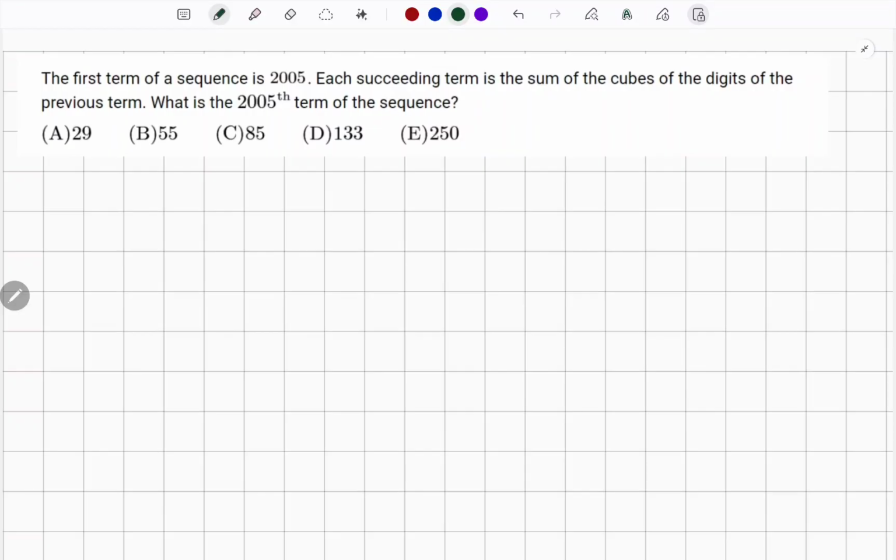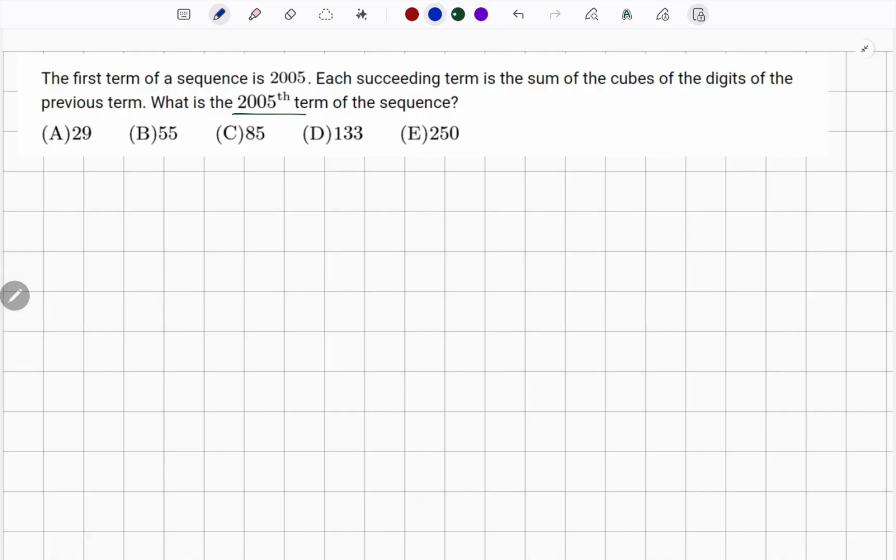But this is a bit unusual. But I believe in patterns. Every time I start solving problems like that, I repeat the same phrase: I believe in patterns. What is the 2005th term of the sequence? Oh my God, 2005. Again, it's a big number. They want to scare me.